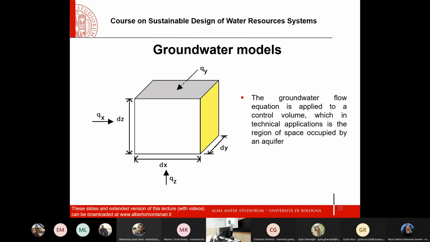Which is a flow in the Z direction. Of course you have flows through the gray face, but there is another face in the bottom that you don't see here. It's another flow in the Z direction. So you have 6 faces in a cube, and every face may be subjected to passing flow.